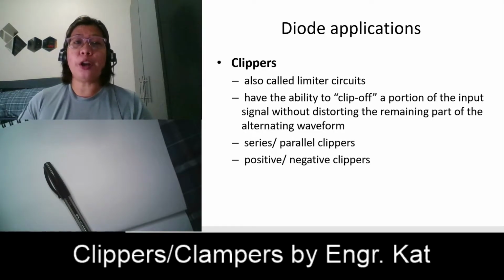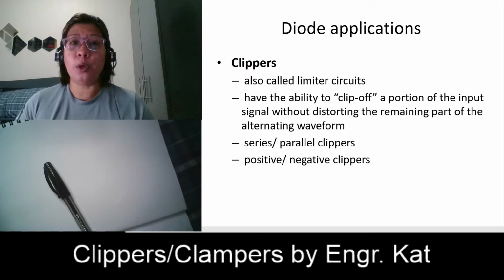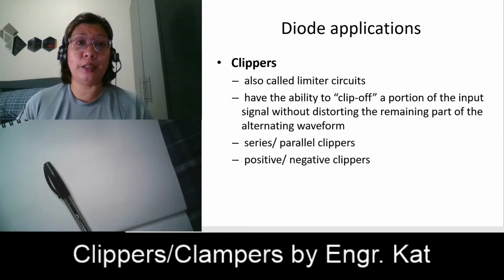There are two types of clipper circuit: series or parallel clipper circuits. It depends on how the diode is connected to the load. When the diode is in series with the load, we call that a series clipper, and when the diode is in parallel with the load, we call that a parallel clipper.